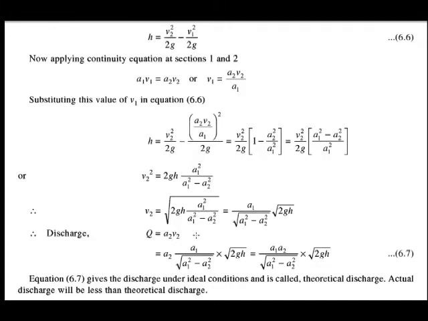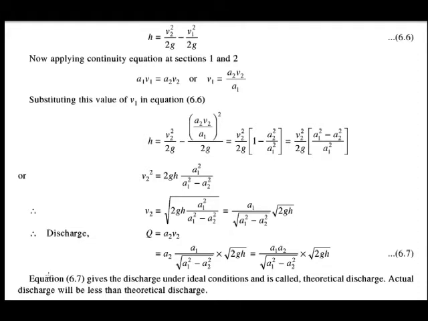Here, we can take A1 square out, so this becomes A1 upon under root of A1 square minus A2 square into under root of 2gh. So this is the value for V2.